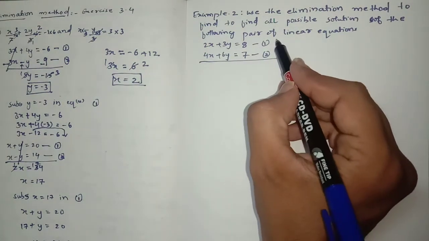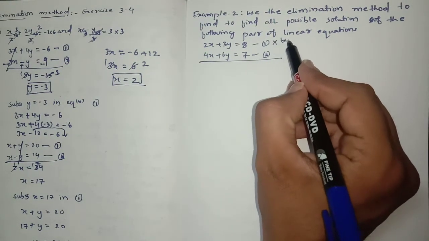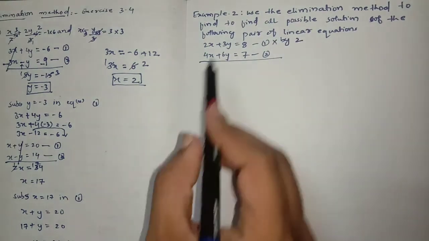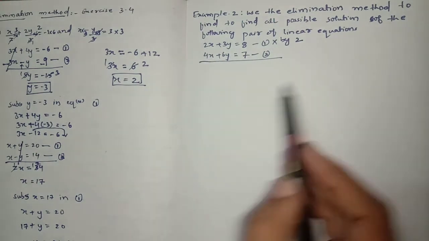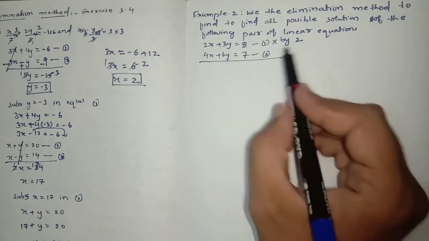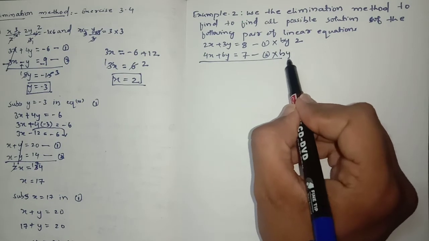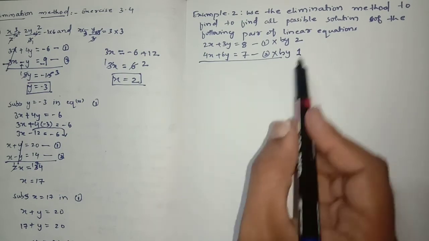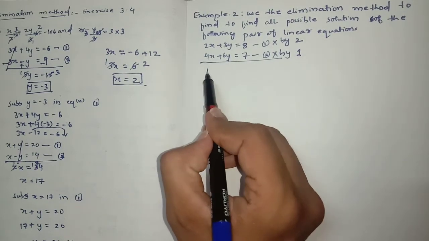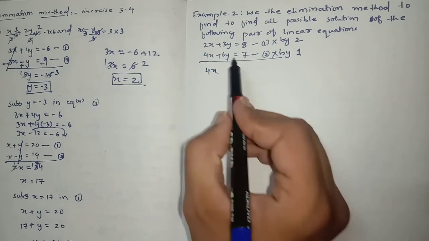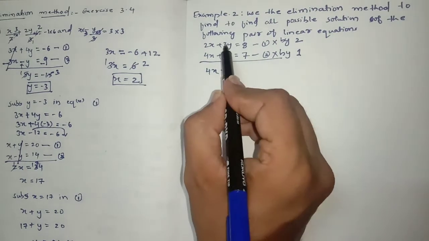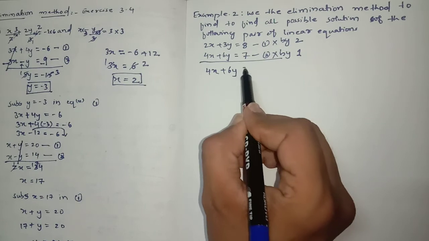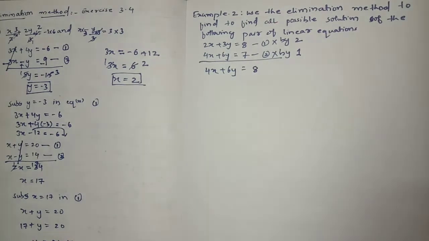What I am doing, I am multiplying this equation by 2 to make this same as 4x. Then second equation by 1. So 2 2s are 4, 4x. Then 2 3s are 6, 6y is equal to 8.